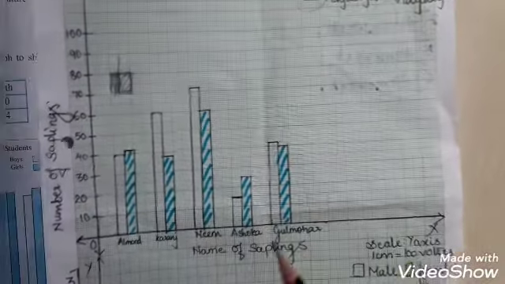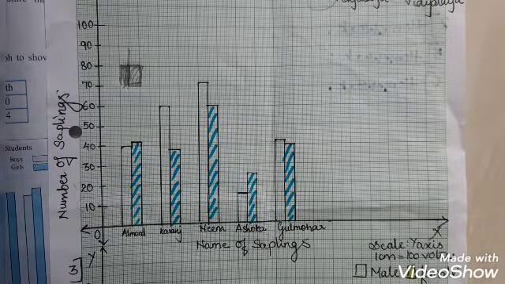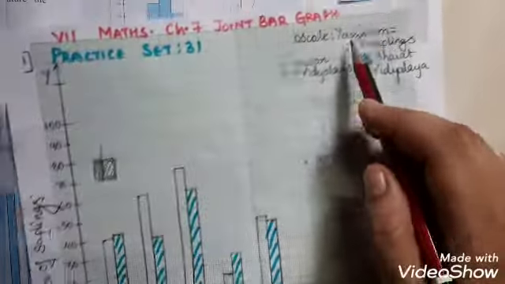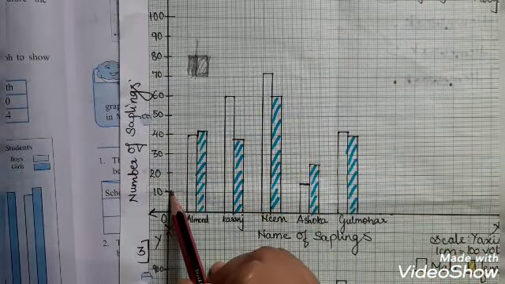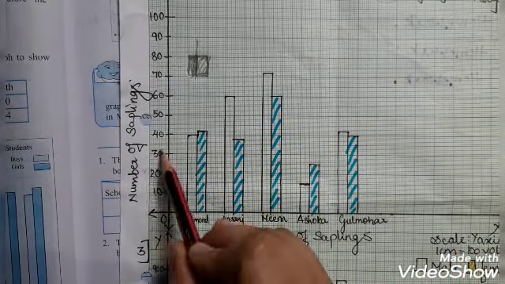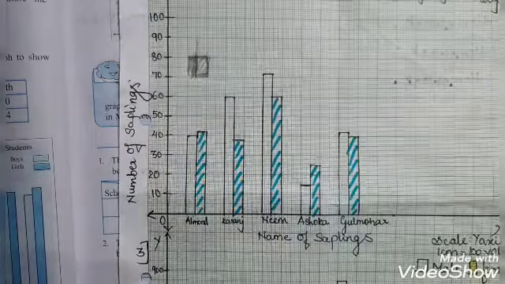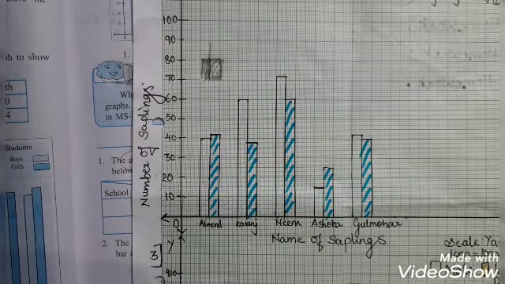So I have to show the indications of how I am going to represent them. Since y-axis 1 centimeter is equal to 10 saplings, my y-axis will begin from 10, then 20, 30, 40, 50, 60, 70, 80, 90 and so on, until the largest number. I have stopped at 100 because I don't need more than 100.